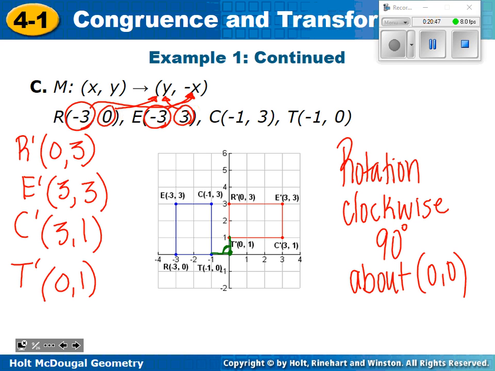So if we apply that, let's go the other direction, counterclockwise, 90 degrees. Instead of being (x, y), we're going to switch it, (y, x), and now the y is going to become a negative because we're going to the left, so the one on the left changes sign.